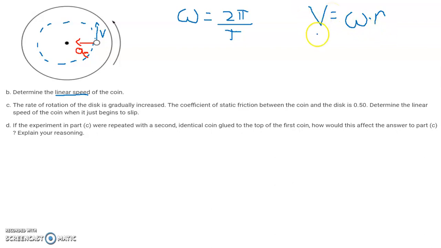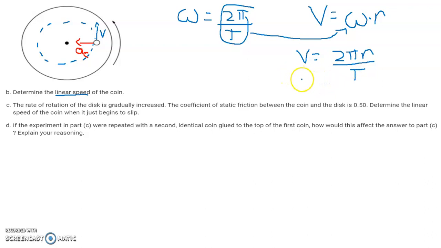All the linear quantities are equal to the angular quantities, just times the radius. So linear velocity equals the angular velocity times the radius. And since we know that the angular velocity equals this, I can just plug it in there and write a new expression, which is the linear velocity is 2 pi r divided by the period.